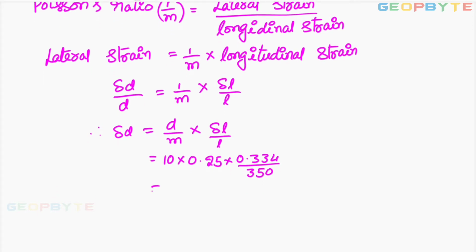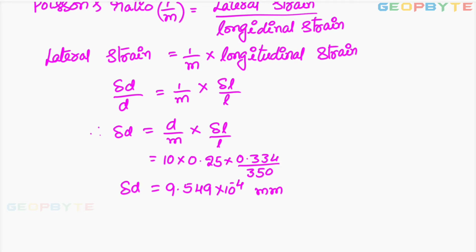You simplify this value for getting change in diameter 9.549 into 10 raised to minus 4 mm. That is the change in diameter.